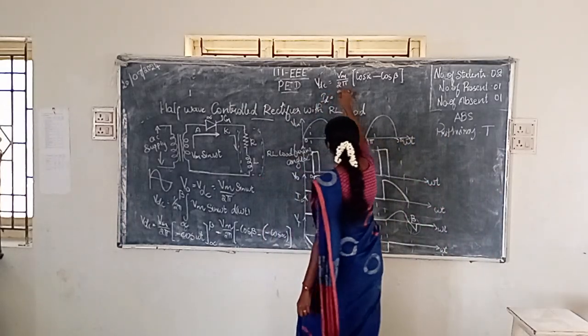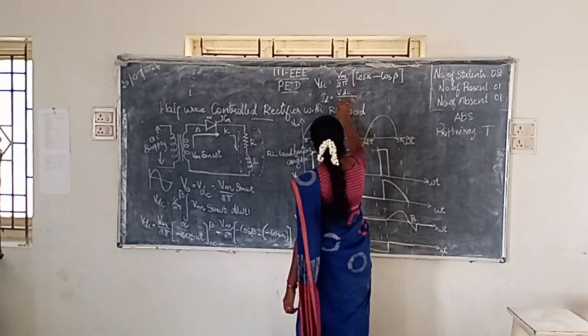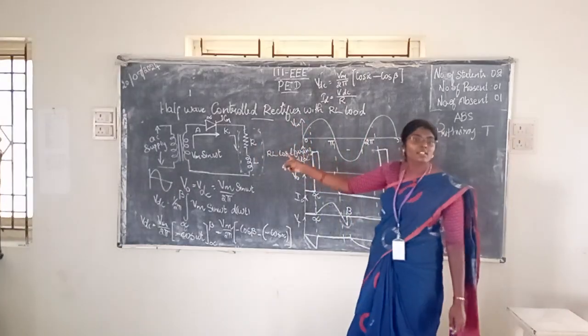Then what is the output current? IDC is equal to VDC by R. Here we are not only seeing the resistive load.